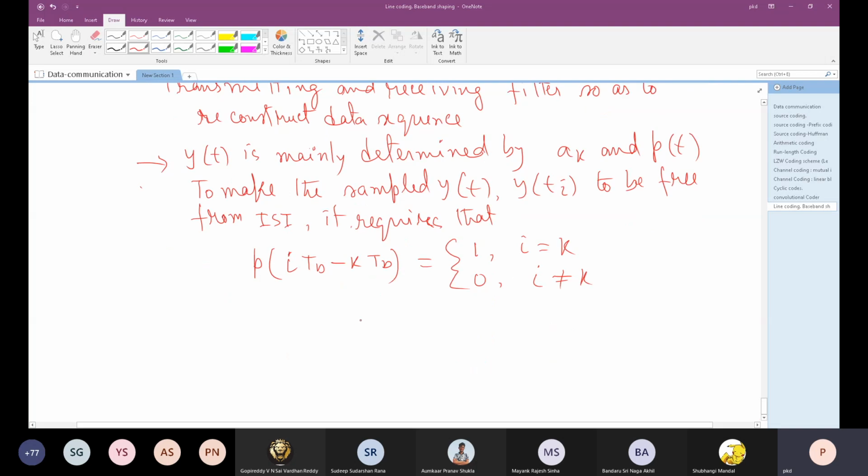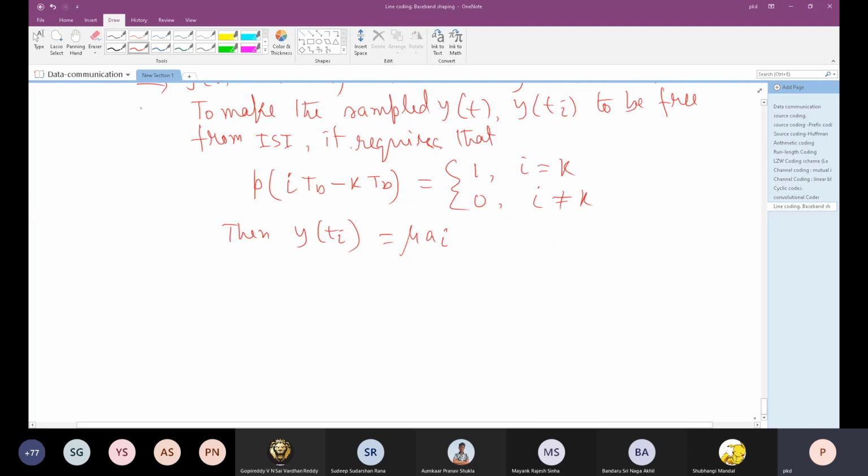That means it will be sampled in such a manner that the contributions of the non-ith samples will not come into picture. Then y(ti) becomes simply a scaled version of mu ai.